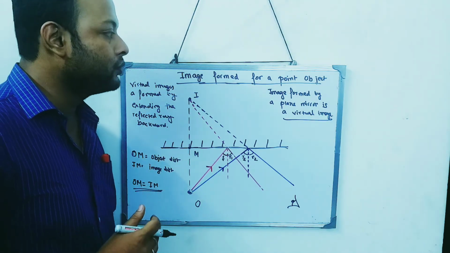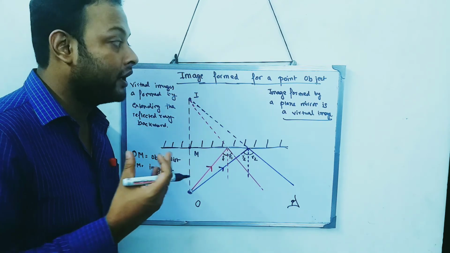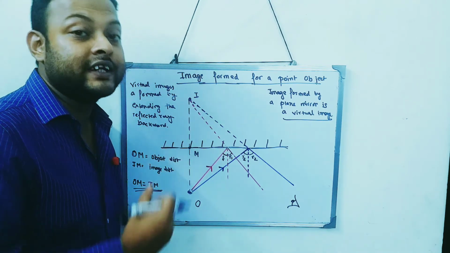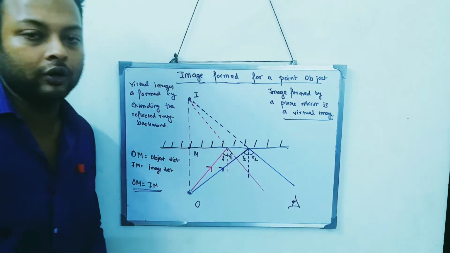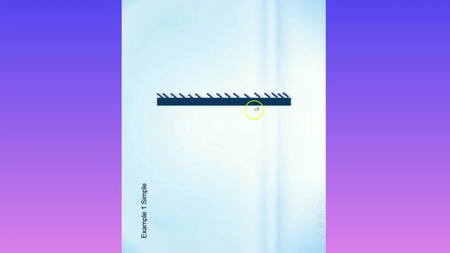After this, we have to discuss how an image is formed for an extended object, not a point object, an extended object. Now over here we take a mirror. This is the silver side with the hatching. This is the object. From the object we take an incident ray, and then following the laws of reflection, we'll draw the normal and the reflected ray. Angle of incidence is equal to angle of reflection, we know that.